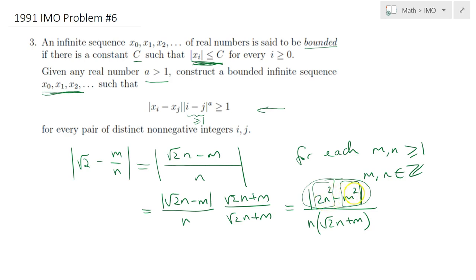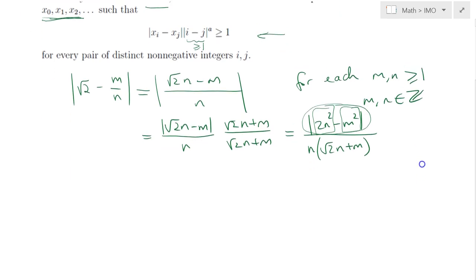But that won't be the case, as it would violate the irrationality of root 2, obviously. 2n squared being equal to m squared would imply that root 2 n squared is equal to m squared, and as a result root 2 times n would equal an integer, and that won't work because root 2 times n is not an integer.